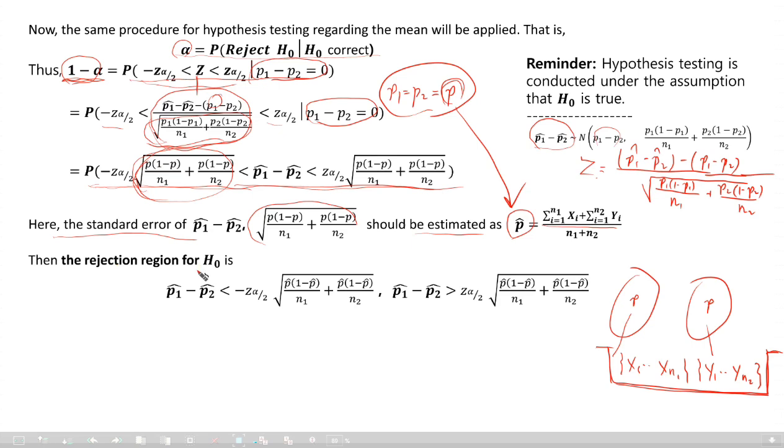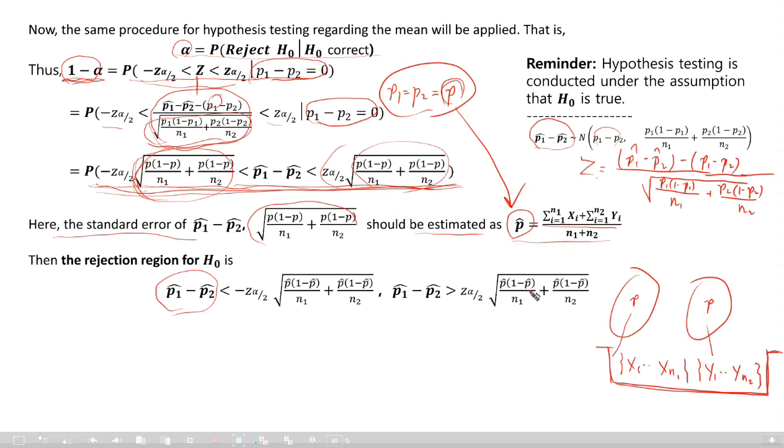So the rejection region for H0, it is for what? The confidence interval. So outside of this range, P1 hat minus P2 hat, the test statistic is less than G alpha over 2 times this one, okay? Or P1 hat minus P2 hat is greater than this value. This standard error of P1 hat minus P2 hat is estimated by this.